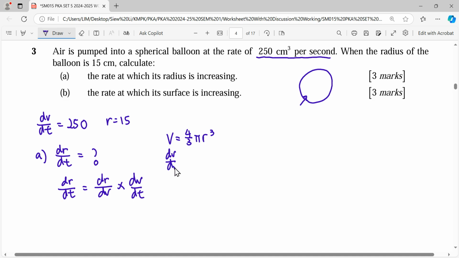Therefore, you can find dV/dr: power moves to the front, power minus 1. So dr/dV, as you inverse, the denominator goes to the numerator and the numerator goes to the denominator. Then our last step is to substitute here. And lastly, substitute our value of r.